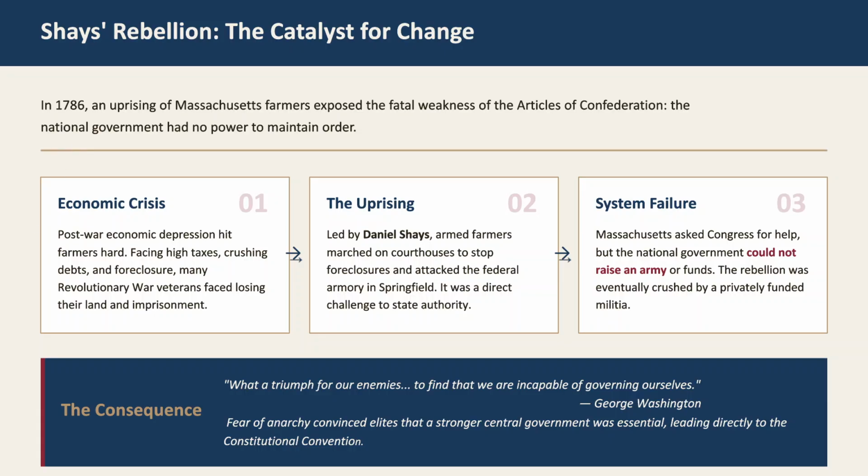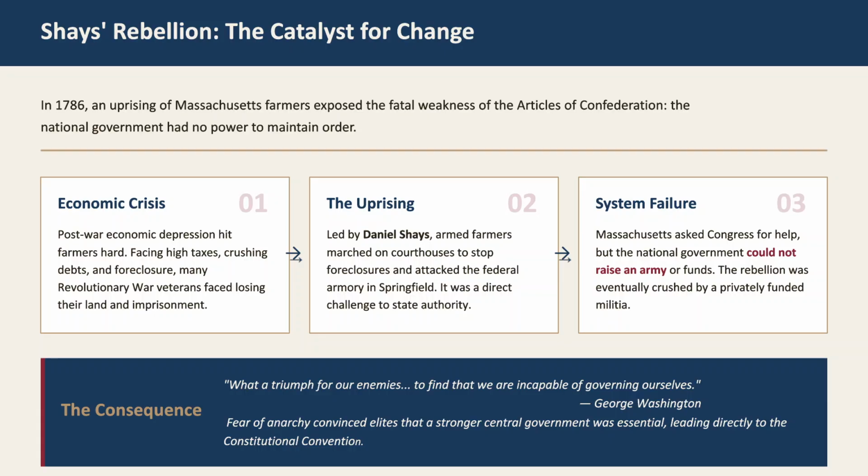So ultimately, the weaknesses of the Articles of Confederation were very much shown in Shays' Rebellion of 1786. In Massachusetts, there were farmers who had a great deal of debt. Many of them were veterans of the Revolutionary War.